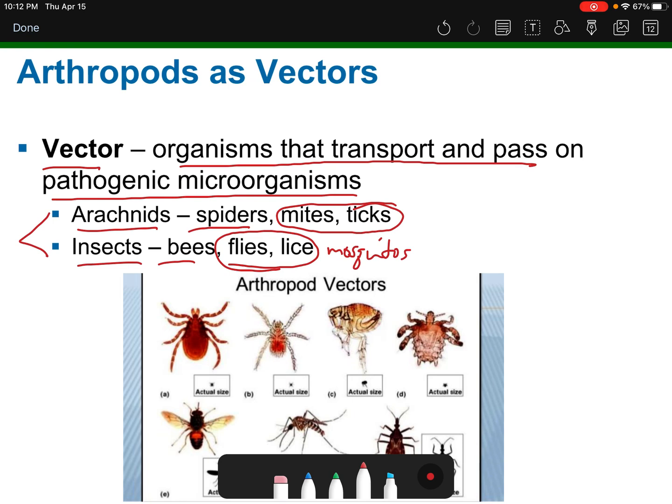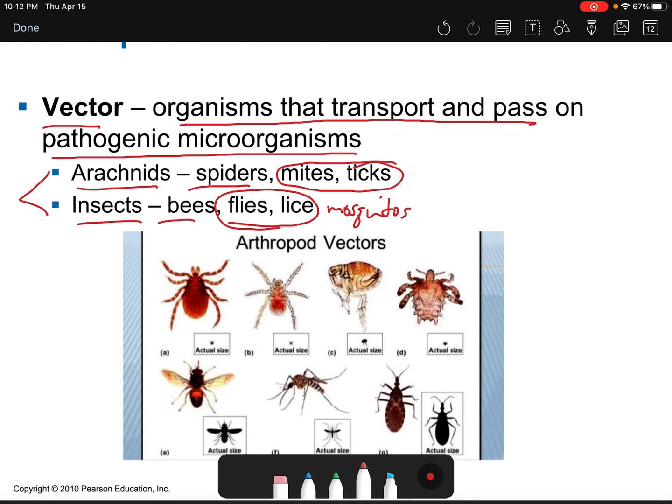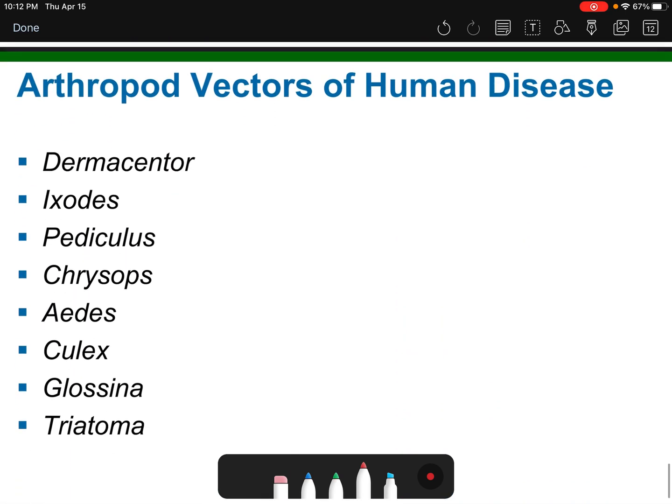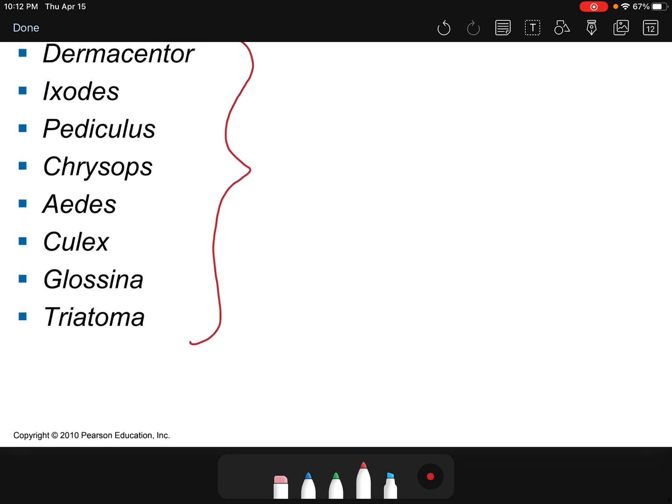Okay, so vectors, any organism that can transmit and pass on a pathogenic microorganism. So these are some of the different arthropod vectors that can help in causing various human diseases. So you're going to get to pick from one of these if you want to do some research as well.